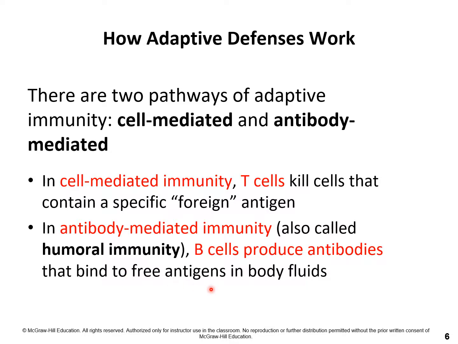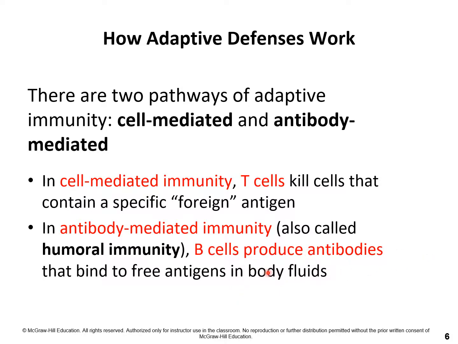So if you have some bacteria floating around in your bloodstream, the B cells are going to produce these antibodies and release them into circulation, and the antibodies are going to attach to these bacteria or pathogens so that the other white blood cells in the body can find them, phagocytize them and kill them.